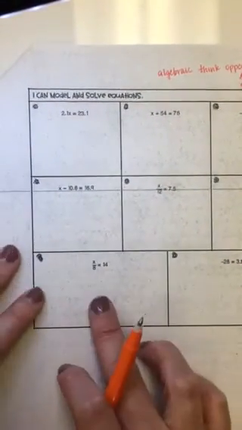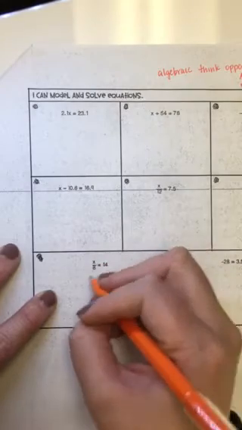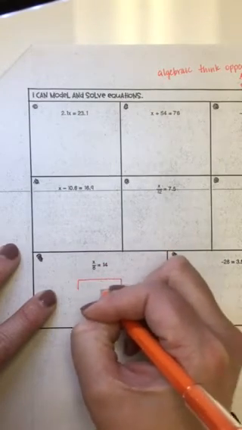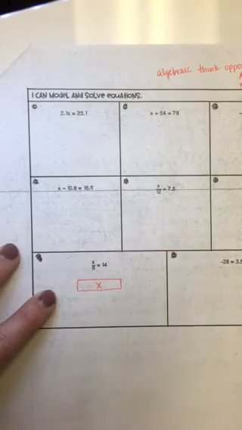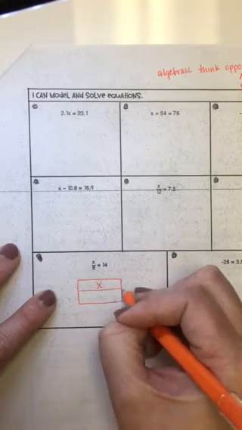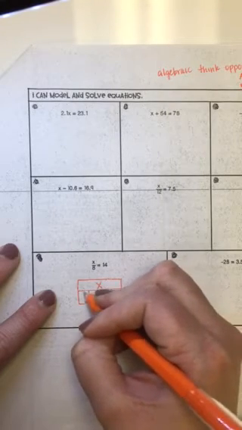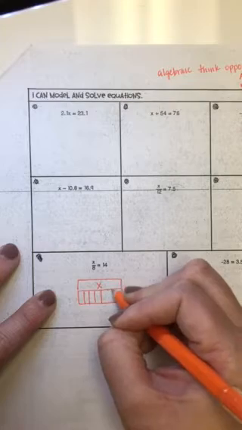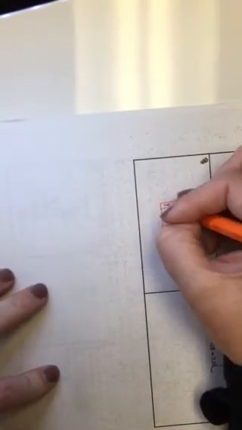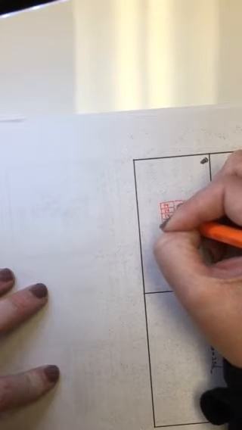So we're going to start off with this one right here, that x divided by 8 is equal to 14. You'll remember that we have to take our x and we're splitting it into 8 separate pieces. And out of all these pieces, they're all 14 big, like they contain 14 each.